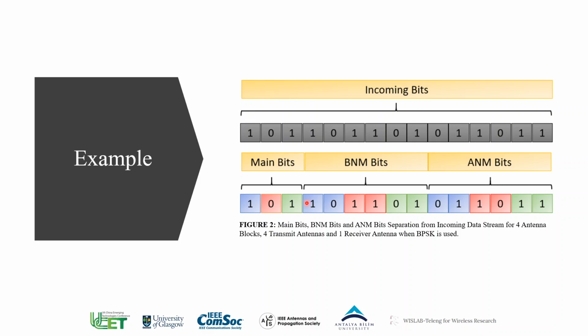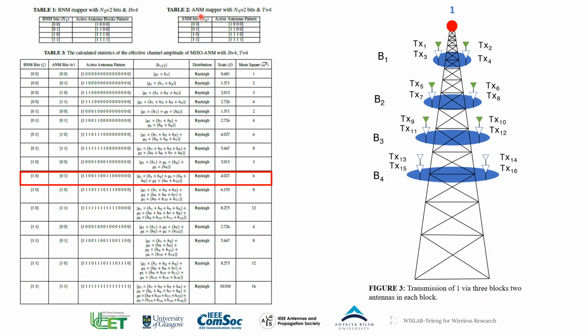According to these values, we have a mapping table in table 1 and table 2. Table 1 represents the BNM mapper, and table 2 represents the ANM mapper. So we had 1, 0 in the BNM mapper, right?